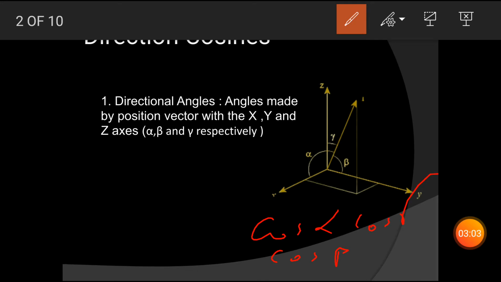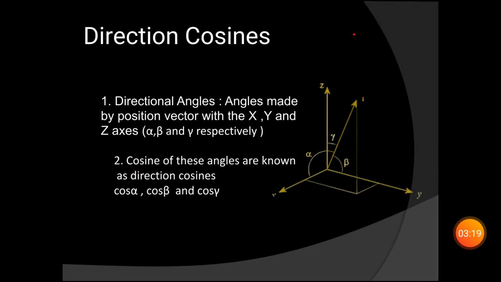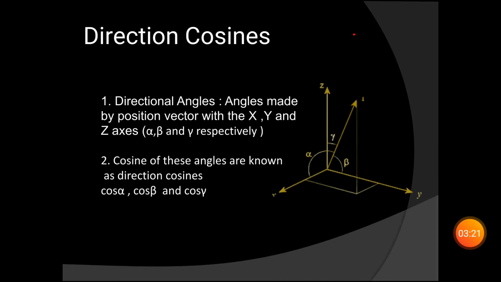So, the cos value of these directional angles is known as direction cosines, and direction cosines in short we write DC. Direction cosine is nothing but the cosine of these directional angles alpha, beta, gamma that the vector makes with the x, y and z axes. So, they are represented as cos alpha, cos beta and cos gamma.